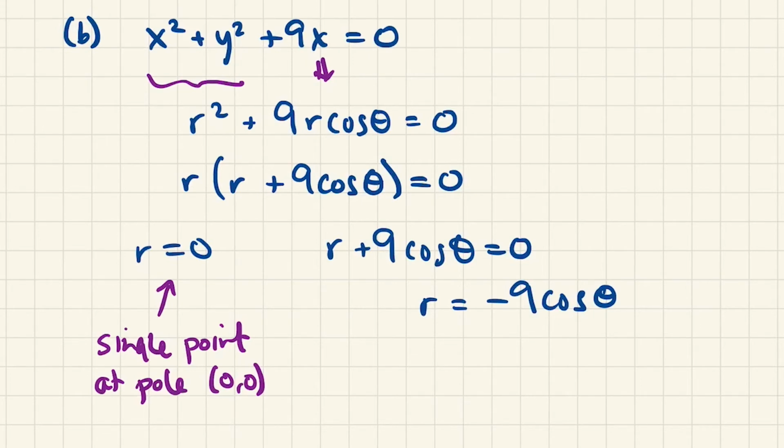Normally we'd have to say it's both of these independent equations, but actually we can just throw away the r equals 0 because it is a single point at the pole. And when theta is equal to pi over 2, this happens to go through the pole, right? So it's redundant to say there's a point at the pole and there's also this other curve that happens to go through the pole. So we only need to present just this part of the solution.